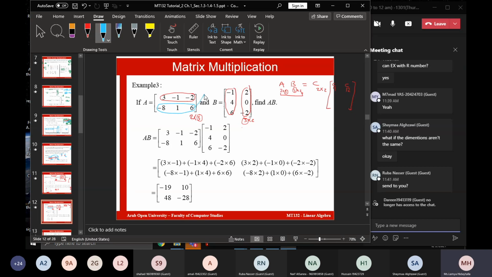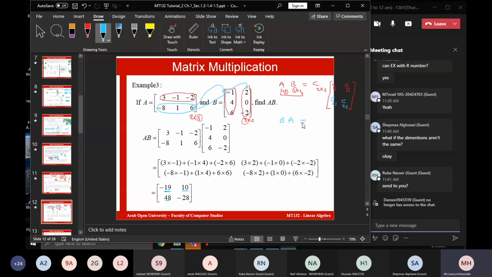Okay, and then I multiply, it will give me C21, and then when I multiply times this one it will give me C22. And check the values, you will find that C11 should be minus 19, C12 should be 10, and so on. Clear?